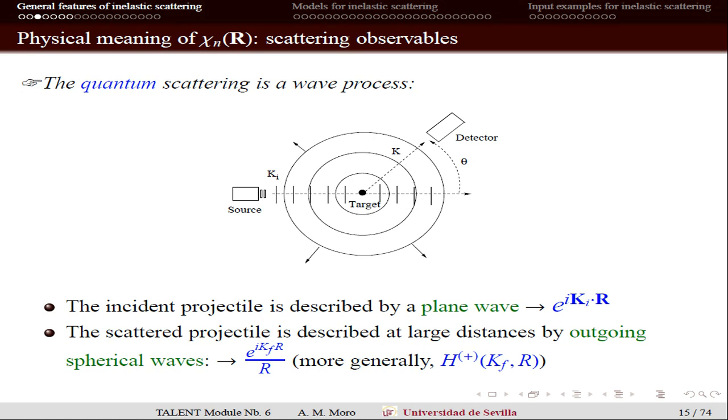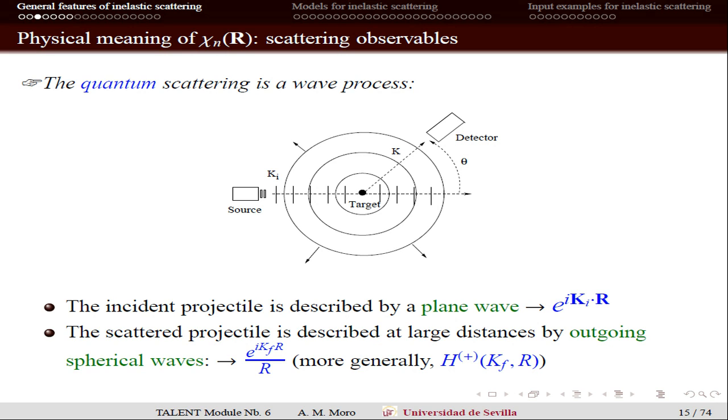And then the scattered projectile is described at large distances by a set of outgoing spherical waves that behave at these large distances like this. Or, in general, by the asymptotic form of this H plus, this Hankel function that may contain this Coulomb phase and this Coulomb logarithmic term in the exponential. Just to simplify the notation, we will think of this kind of asymptotic behavior.